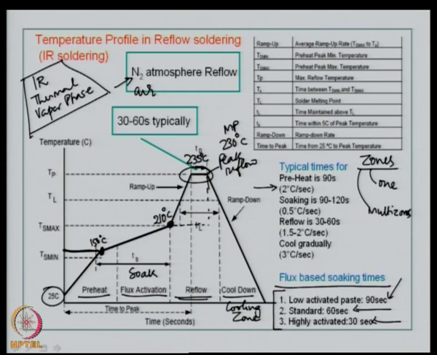Soaking temperatures, like for example, it should be very slow, 0.5 degrees centigrade or 0.75 degrees centigrade or maximum 1 degree centigrade per second should be the heating rate that you should set in your equipment for the activation zone or the soaking zone. So, that your solder paste warms up quite slowly.